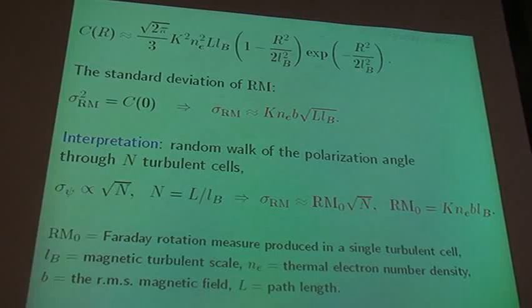Because it's an area, right? The number of turbulent cells within your telescope beam will be equal to the ratio d squared, this is d, divided by the turbulent scale squared, the ratio of two areas. Fine. This means that you have sigma RM of d. It depends like 1 over d.